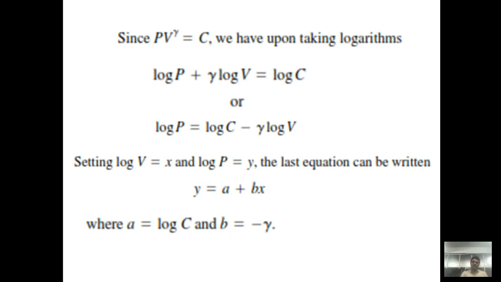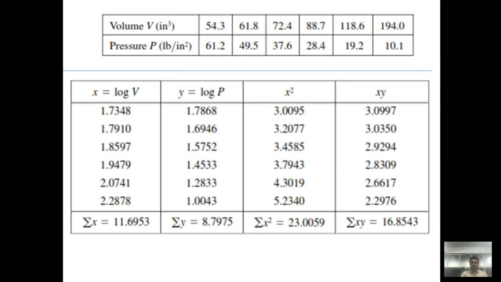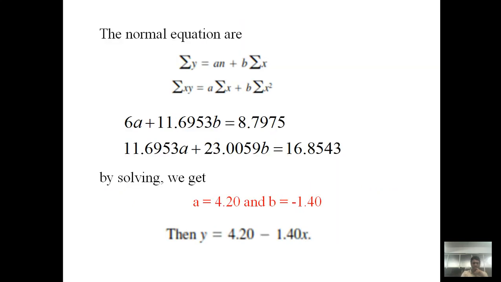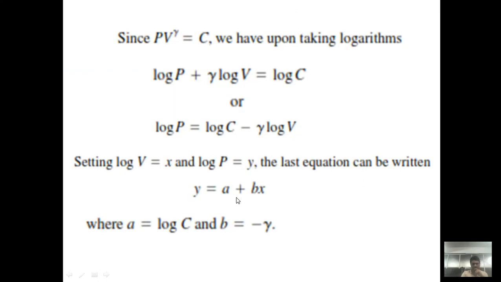Next, our aim is to find the values of the unknowns a and b. To get the values of a and b, we have to write down the normal equations. To write down the normal equations from y is equal to a plus bx, it's very simple: just apply summation on both sides.